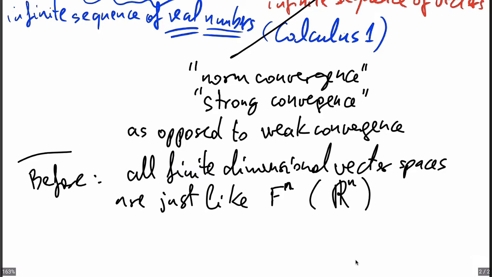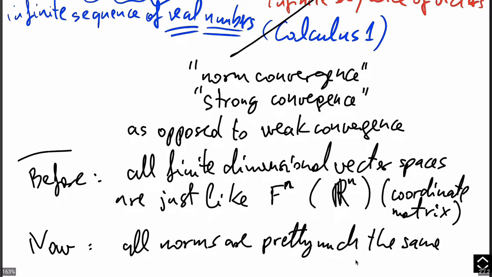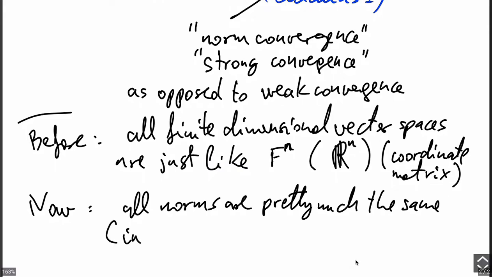After looking at some abstract vector spaces, we returned and used the coordinate matrix to identify vector spaces with n-dimensional vector spaces, the Rn vector spaces. Now, what we're going to see is that things are even simpler than this, because it turns out that all these norms that we looked at are pretty much the same. All this is in finite dimension, of course.